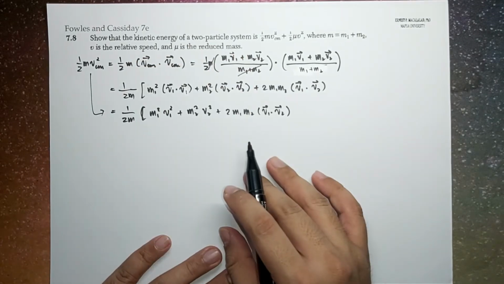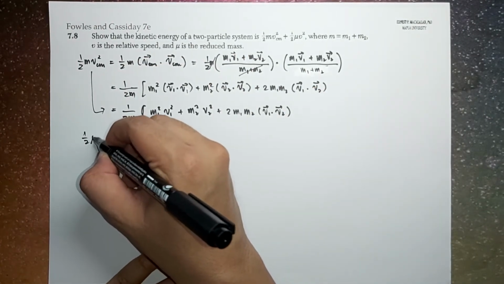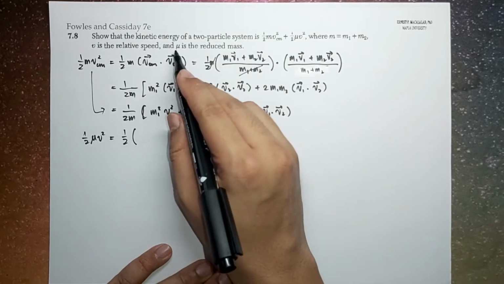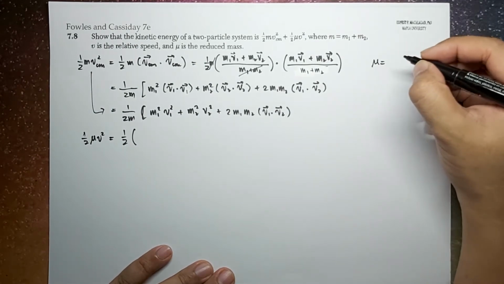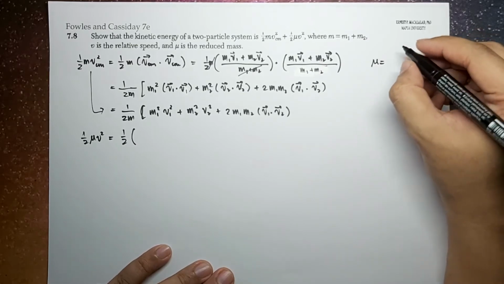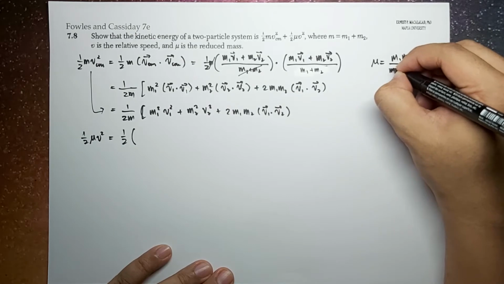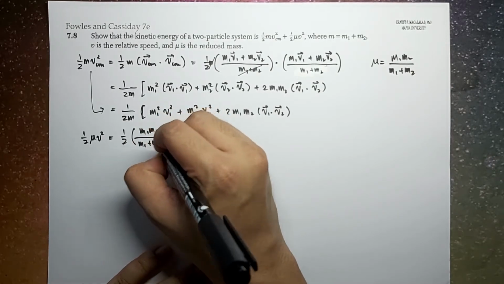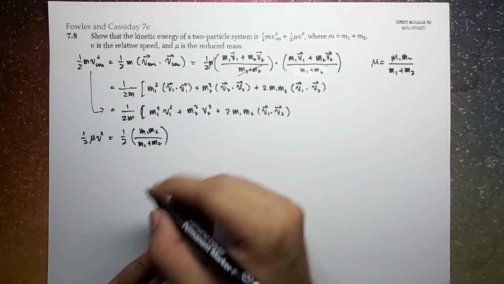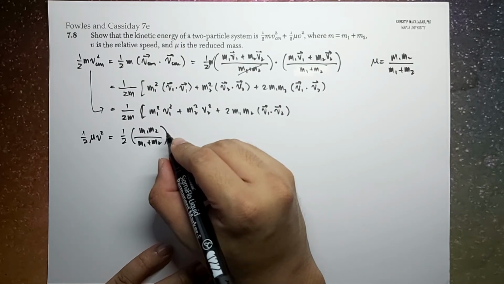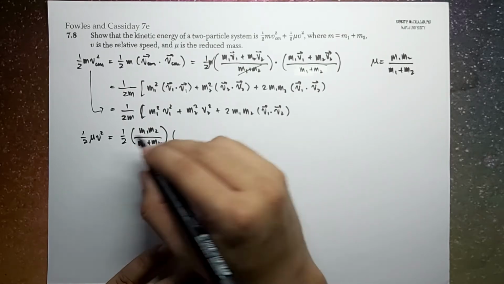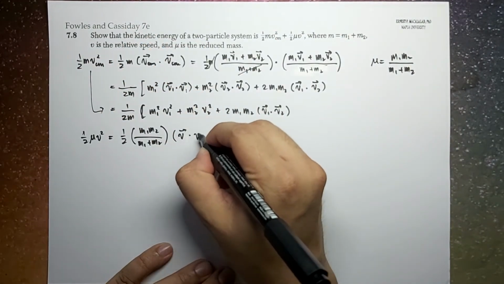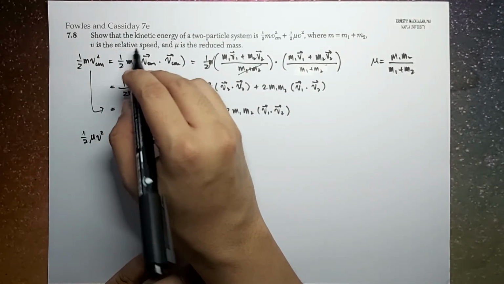Okay, on the other hand, the second term, 1/2 mu V squared, is equal to 1/2 times the reduced mass, which is equal to m1 m2 over m1 plus m2, times V dot V. Here, take note that this is your relative speed.